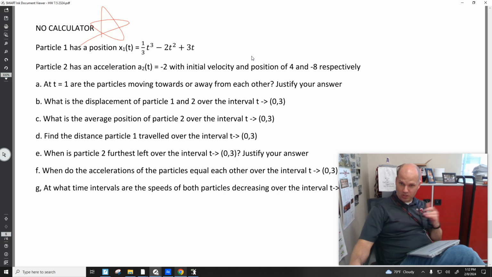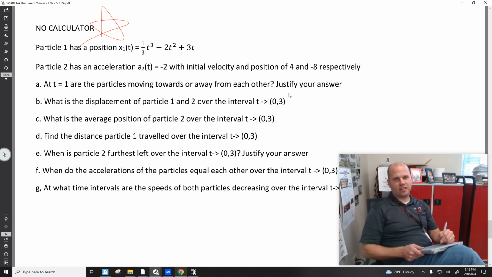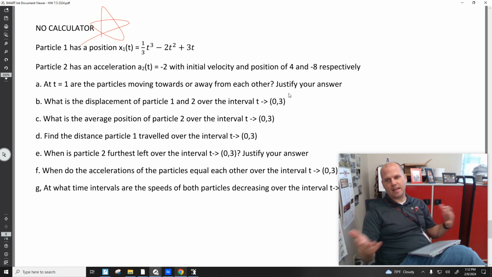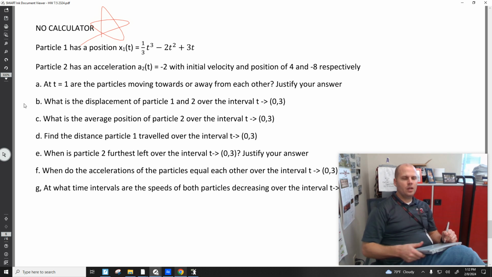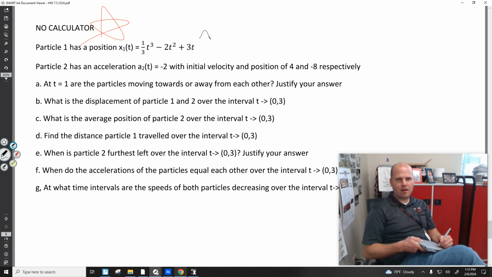I'm giving you the position of one particle and the acceleration of the other one, which means you need to understand the derivatives for one and the antiderivatives for the other. We could start answering the questions one at a time if we wanted to, but it's probably good to just have all of your equations ready to be used.